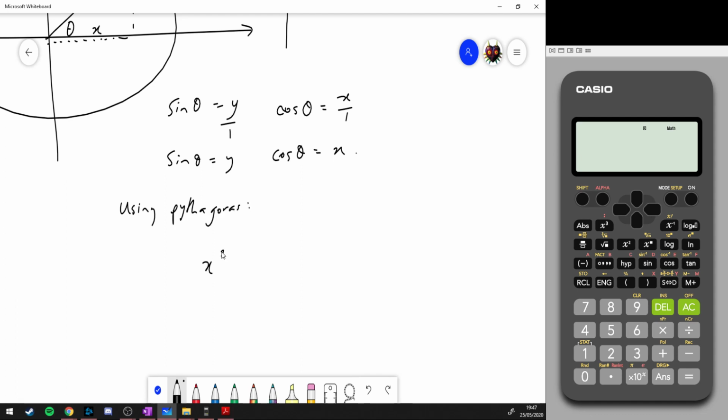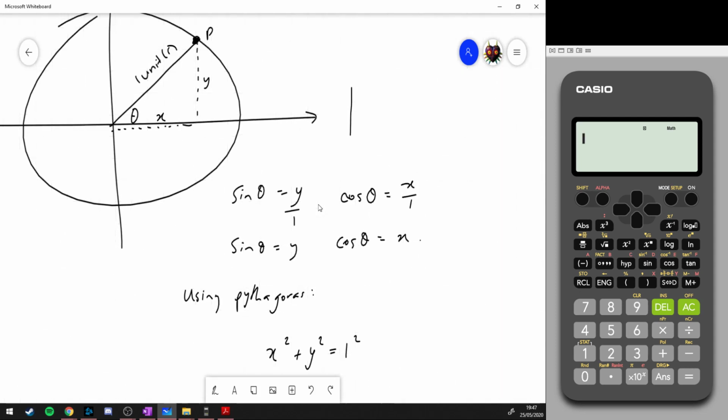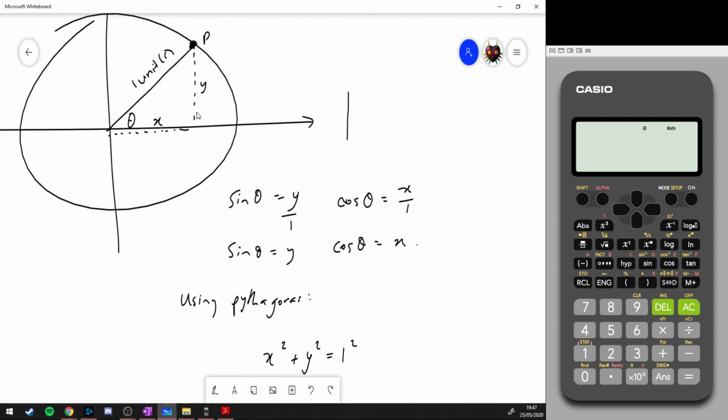And we know that x squared plus y squared is equal to the length squared, or 1. Okay, so if I come back and have a look at my unit circle, what I'm saying is that the y value, the height, plus the x, remembering this is a right angle triangle, the sum of my x squared and my y squared is just the radius, in this case 1, squared.